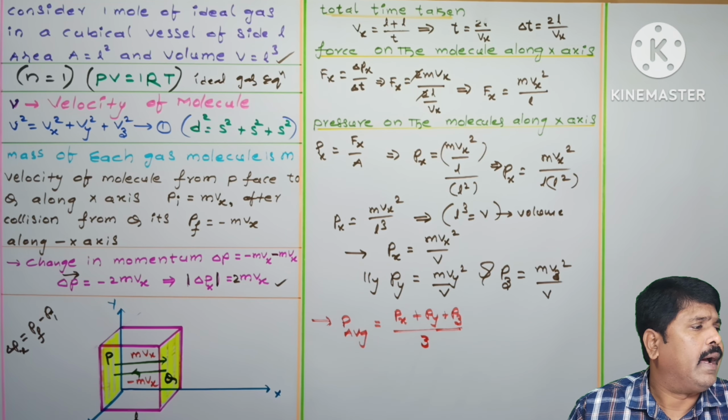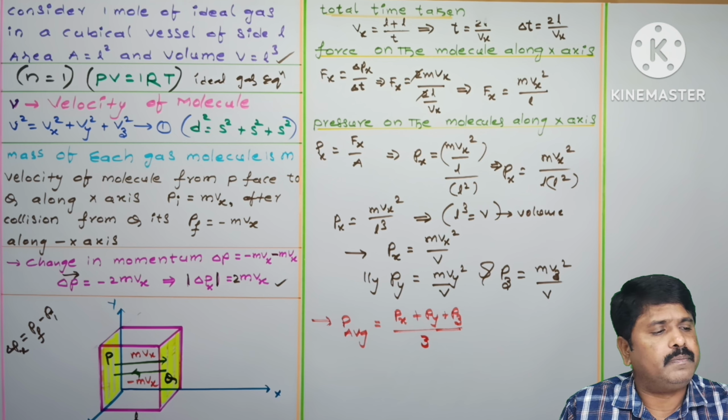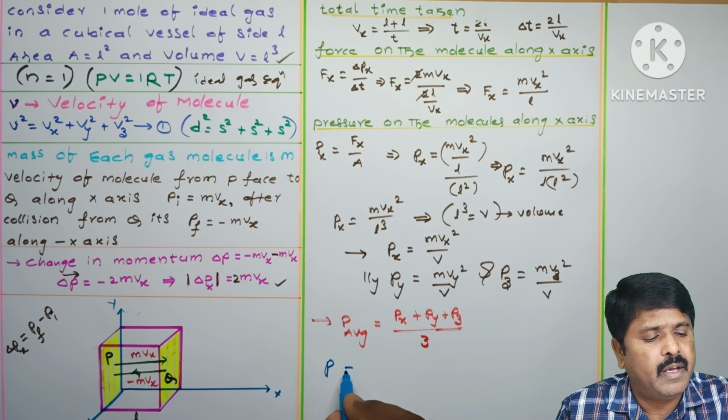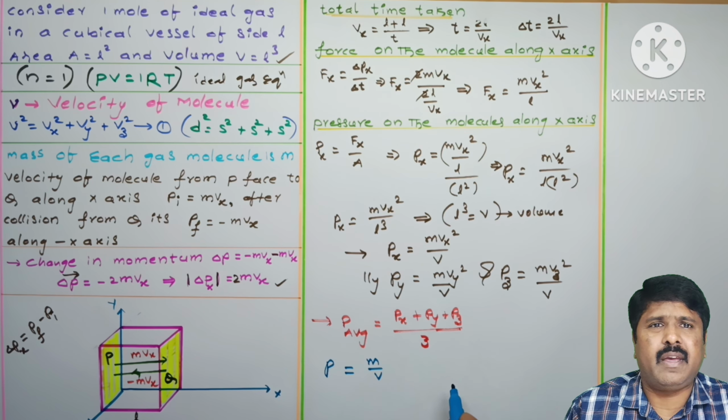Okay student, now the values are replacing. P average is simply written as P, which is equal to Px is m divided by V, x square plus y square plus z square.